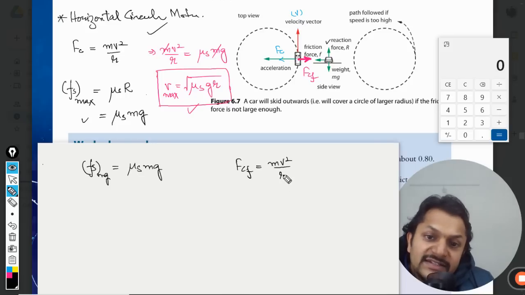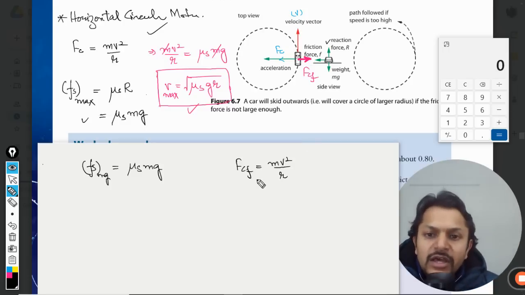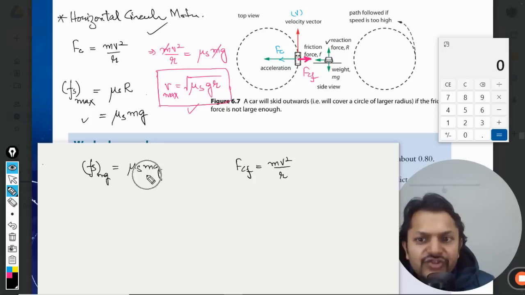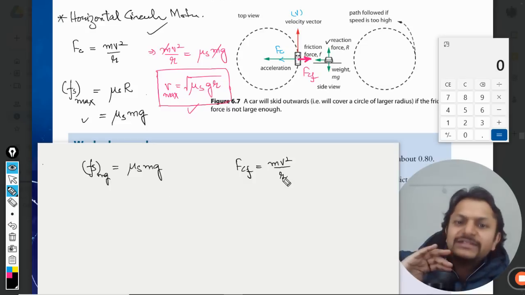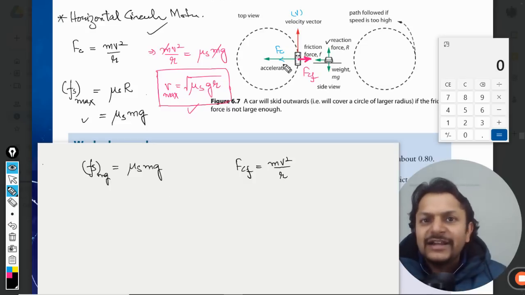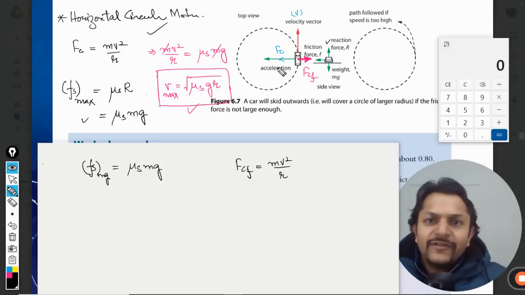Now I'm considering centrifugal force. Let us say this is the force which is going in the outward direction. So if I say that friction is more than centrifugal, then friction is acting like centripetal, isn't it? So the car will be turning around in a very easy manner.